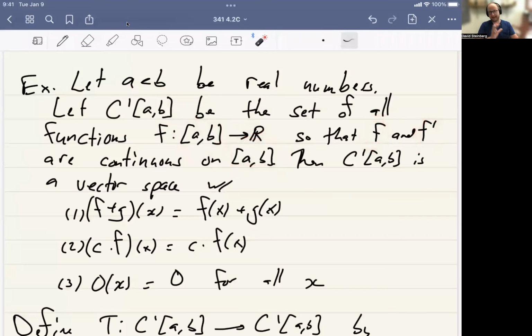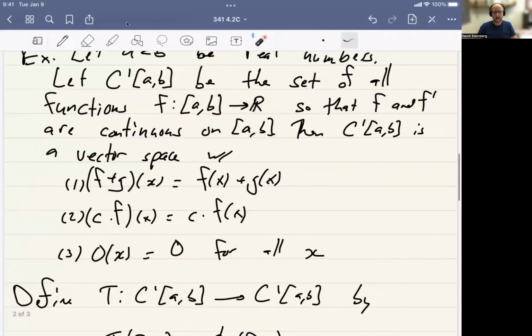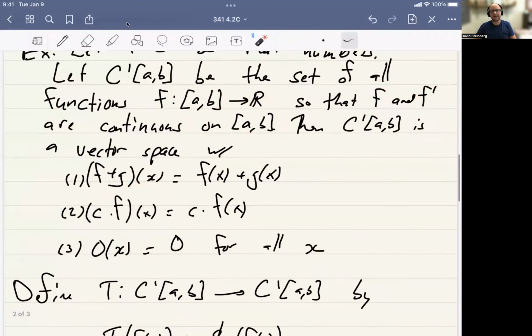Okay, so we've got a collection of functions. And I claim that this collection of functions is itself a vector space because we can add them just by adding pointwise. We can multiply them by real numbers. We have a zero function, a function that's always 0. You can check all the axioms, all the rules, that C1[a,b] is a vector space.